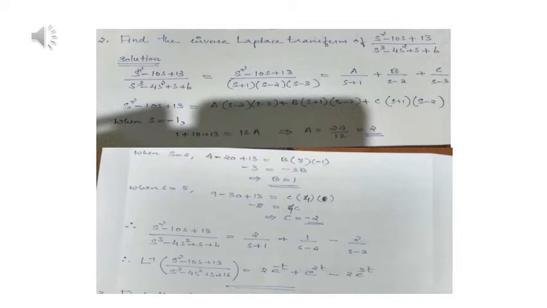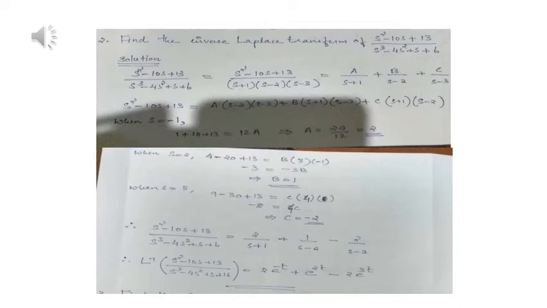To find them, we write s square minus 10s plus 13 is equal to a into s minus 2 into s minus 3 after taking LCM, plus b into s plus 1 into s minus 3, plus c into s plus 1 into s minus 2.